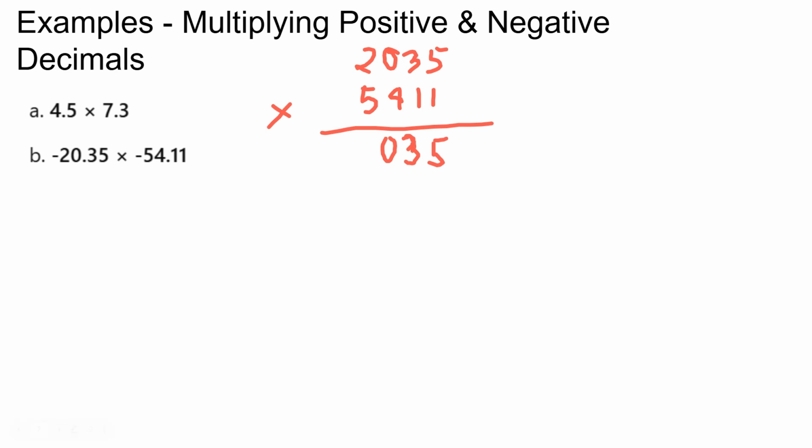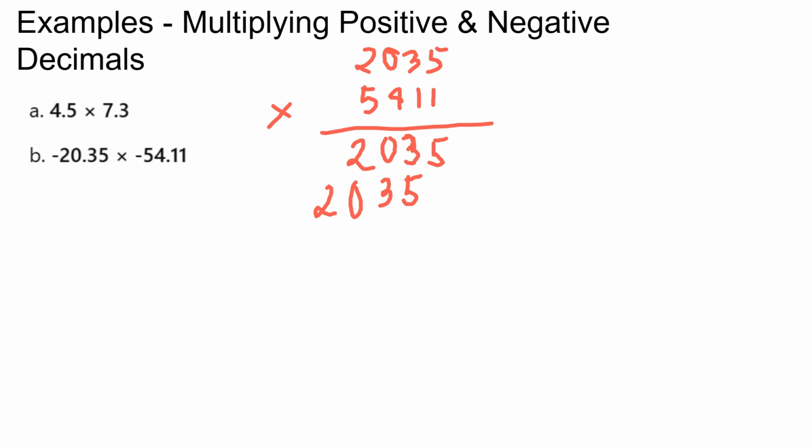Yes, that's correct. 1 times 2 is 2. Next is 1 times 5, the same: 5. This would be 3, this would be 0, that would be 2. All right, next.